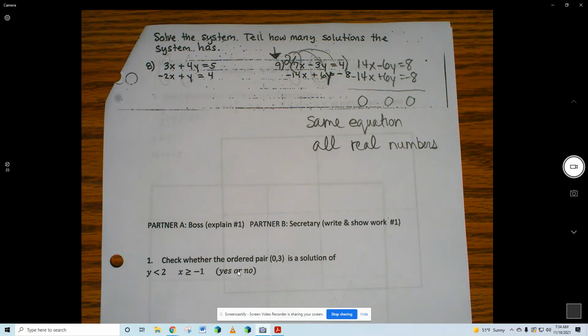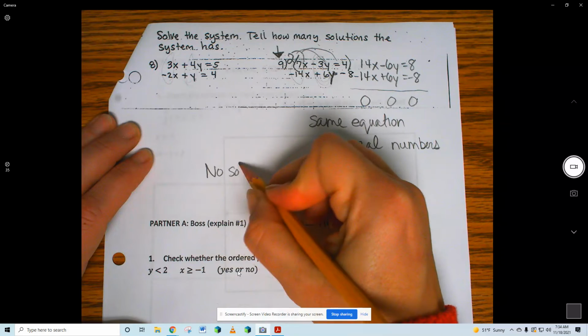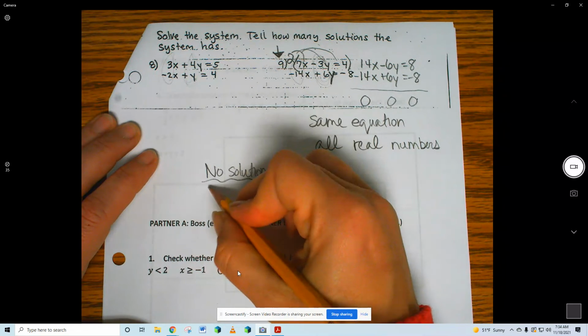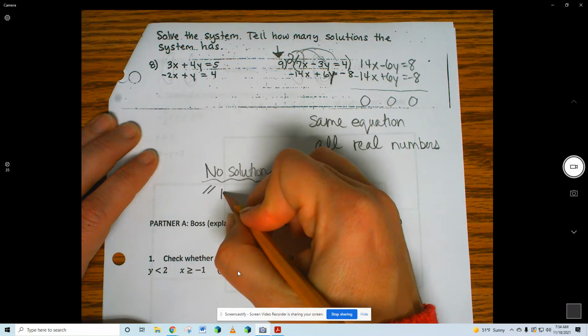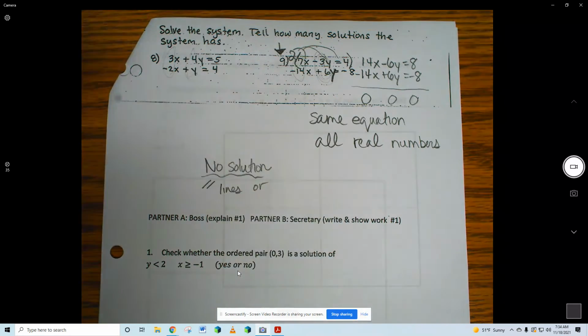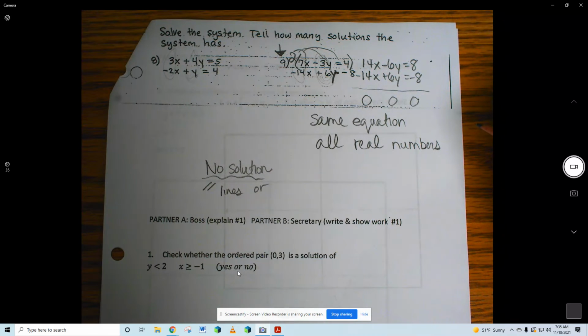When is it no solution? Let's remind ourselves of that. When is it no solution? Go ahead. So if I draw it and it has parallel lines, or if I solve something, here's a sample one.